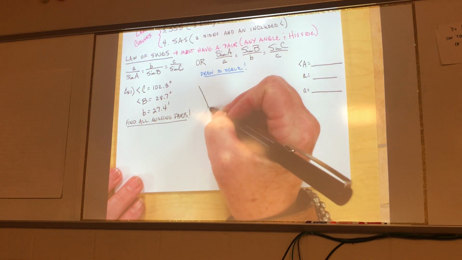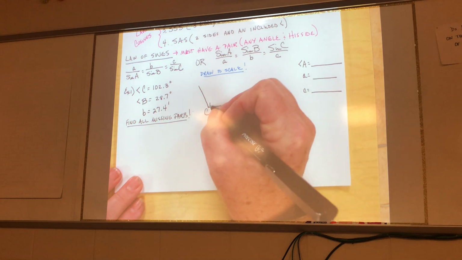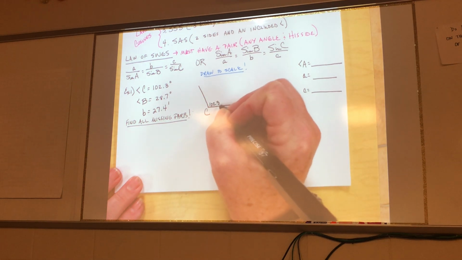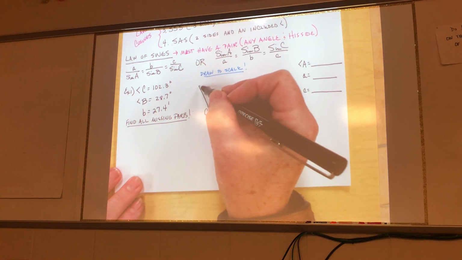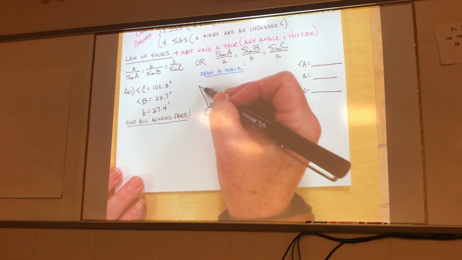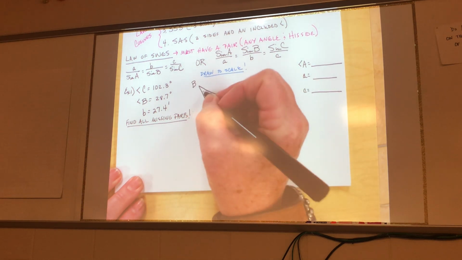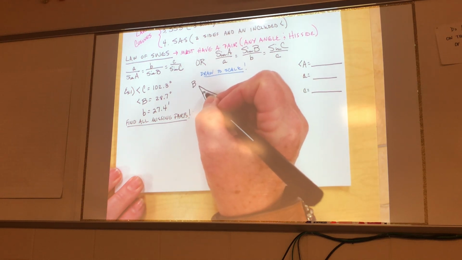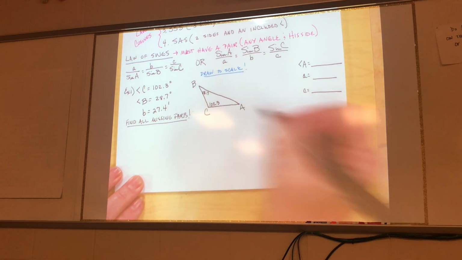This is bigger than 90, okay? This is angle C. He's 102.3. All right? And then I'm gonna go up here, I'm gonna do angle B, which is gonna be very small. He's 28 point something. 28.7. And then this must be angle A down here.